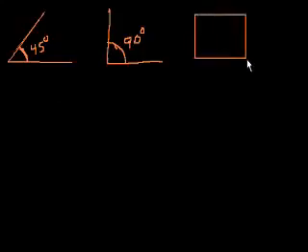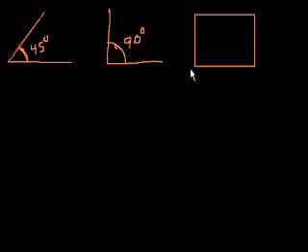If I were to draw a rectangle like that, a rectangle is made up of perpendicular lines, or lines at 90-degree angles. These two lines are at a 90-degree angle. The way you draw a 90-degree angle is you draw a little box like that.